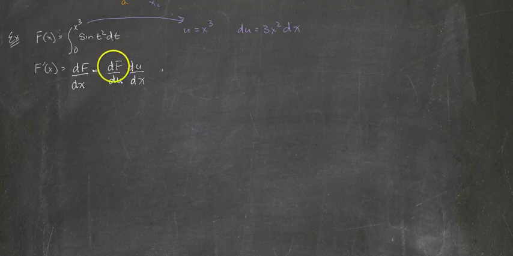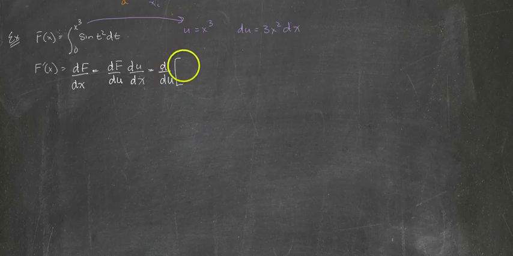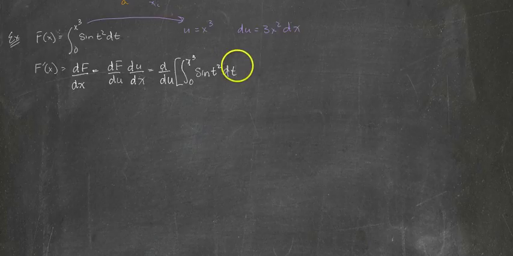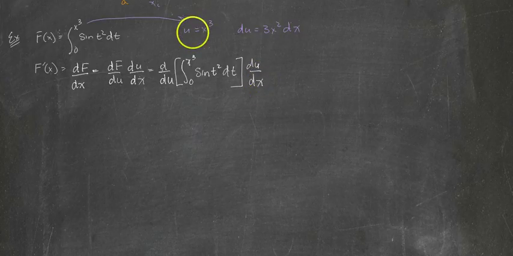Now remember, df du just means the derivative of f, but this is my f. So I'm going to substitute that in. I'm looking for the d du of the antiderivative on the interval from 0 to x cubed of sine t squared dt. And then I'm going to follow up with my du dx. All right, so now I want to use the substitution.